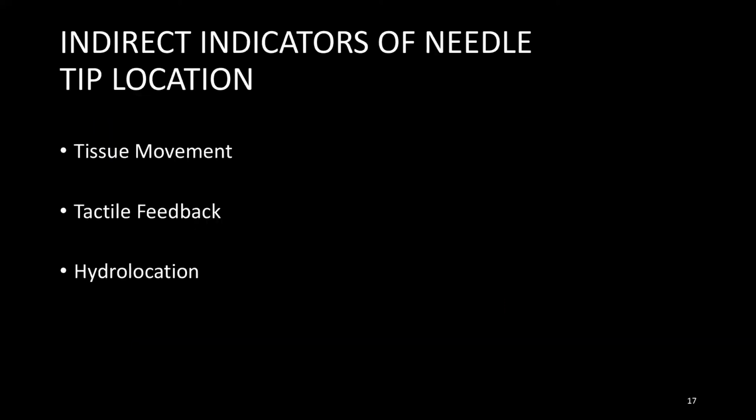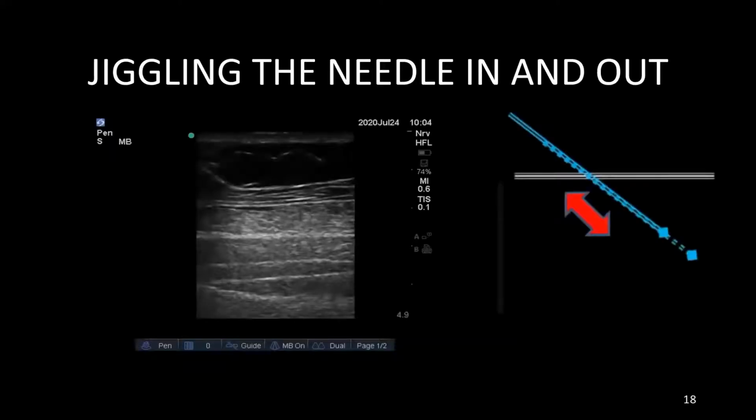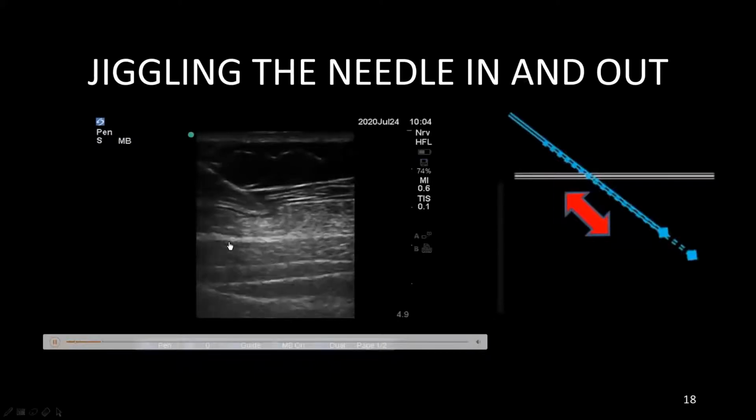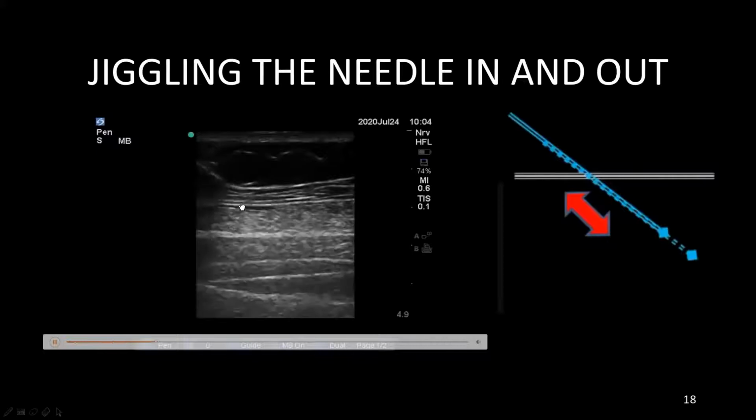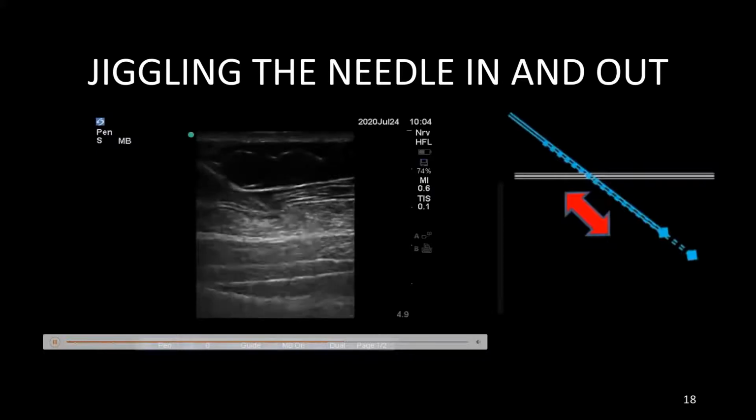So tissue movements like jiggling, wiggling of the needle and seesawing can help us to know where our needle is located in case we are not able to see the needle in the ultrasound beam. So here you can see I'm putting the needle forward and along with that I'm taking it out. So this in and out motion can tell us where the needle tip is located.